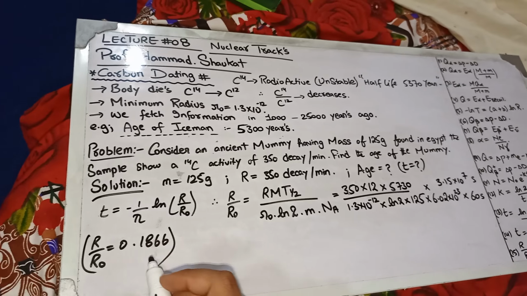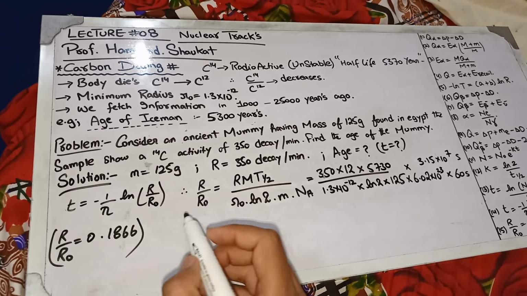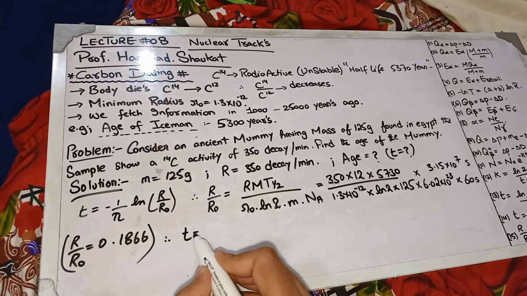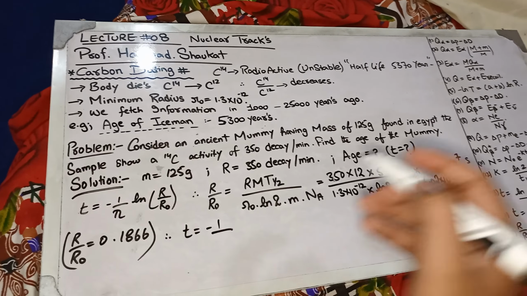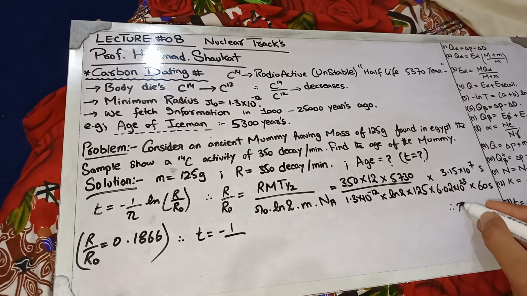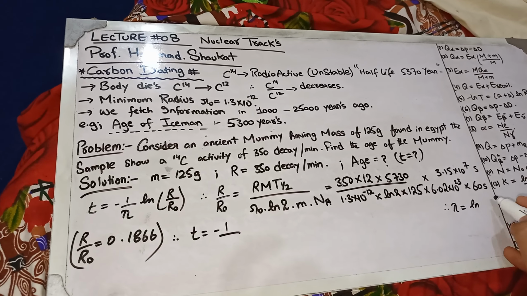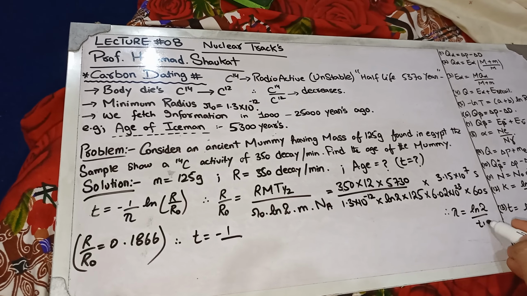Now just put this value into t equals minus 1 by lambda, and you know that lambda equals ln of 2 divided by t 1 by 2.